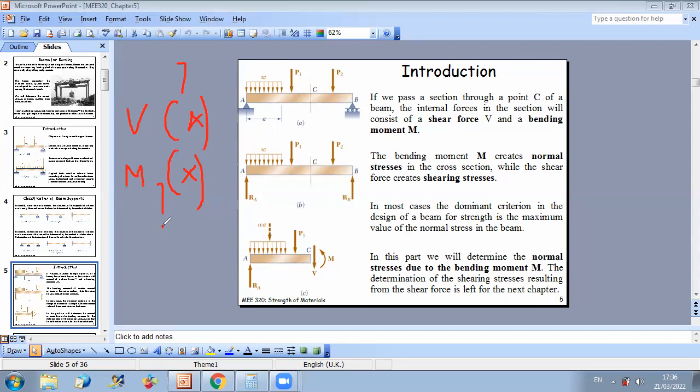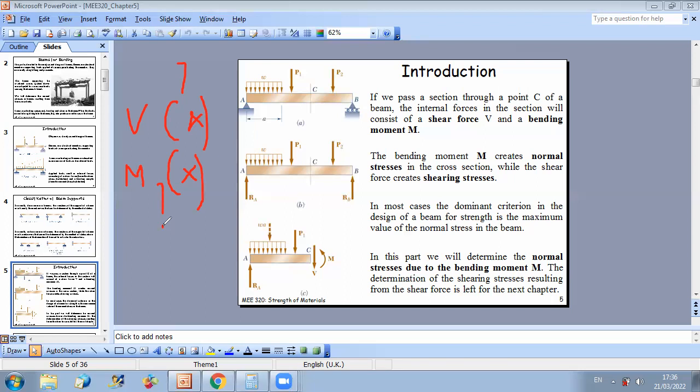However, if I use the area method, I start by just determining points, and I draw shear and bending moment diagrams. And if I later need V and M at a certain point, I have to do some calculation to find the corresponding values. We'll see in which cases it's easier to use the section method, and in which cases it's easier to use the area method.